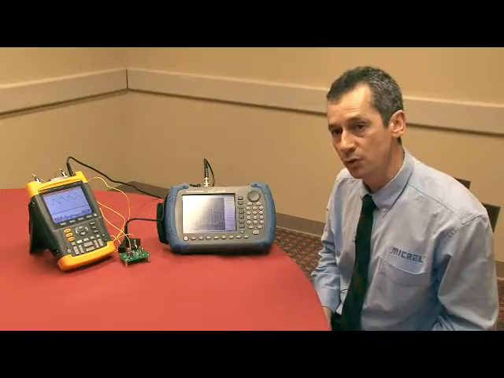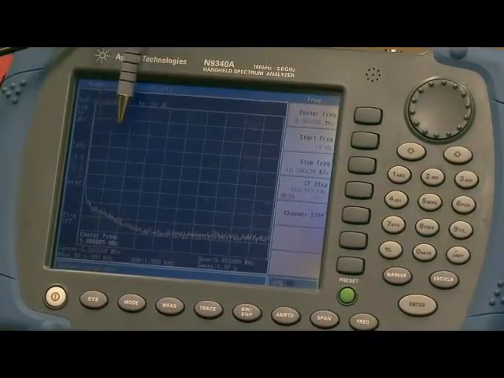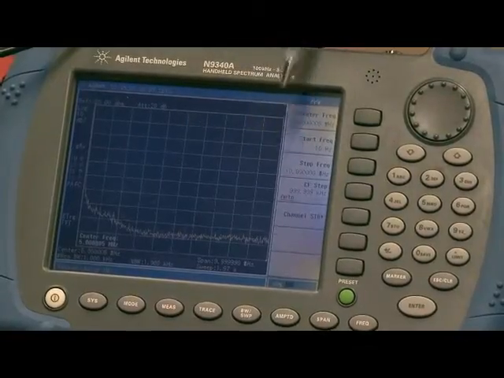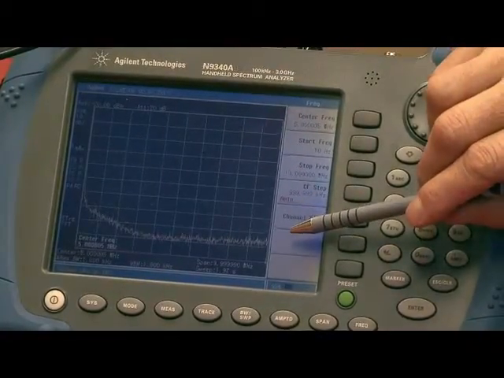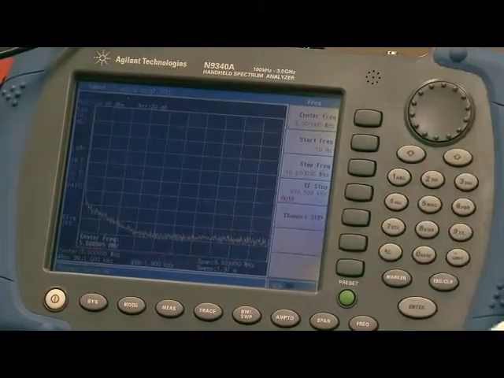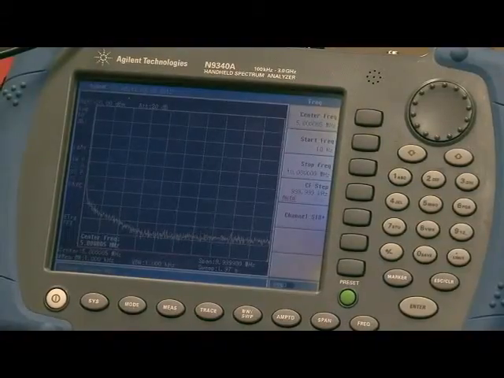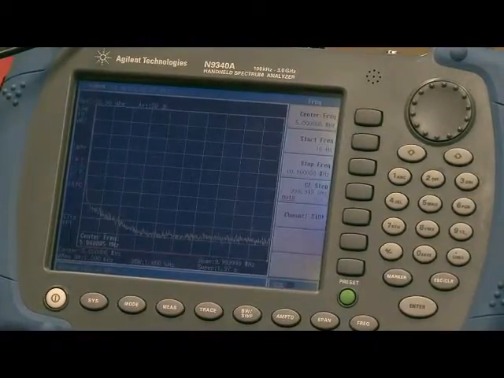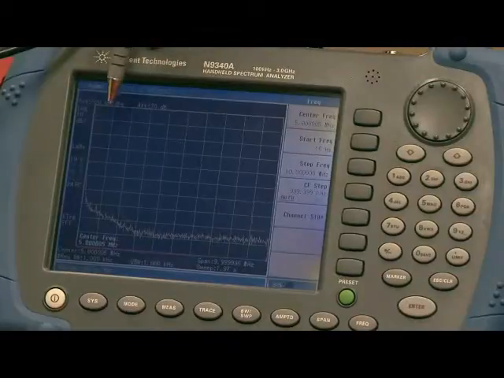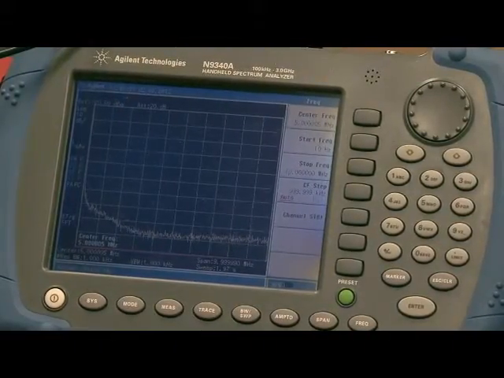If we then look at the output of the ripple blocker, you can see that it's done a good job of eliminating all of the ripple from the DC-DC. The noise floor here is down at minus 90 to 95 dBm, which means that the ripple blocker is suppressing noise in excess of 60 dBs from very low frequencies all the way up to 10 megahertz.